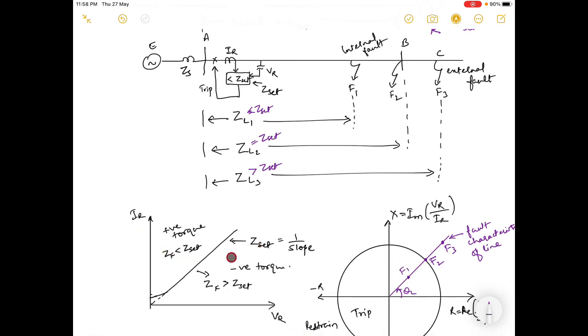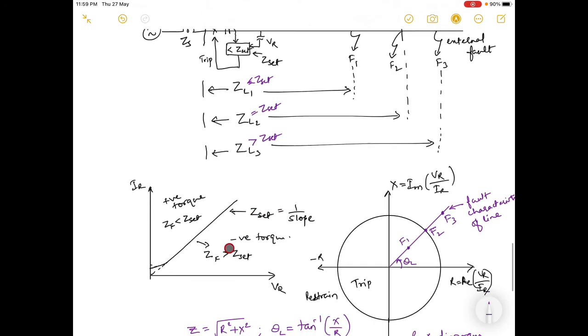But what is this slope? This slope is nothing but IR by VR. Slope is Y by X. So Y is IR, X is VR. So Y by X is IR by VR, which is the slope. So the inverse of IR by VR is VR by IR. So that is Z.